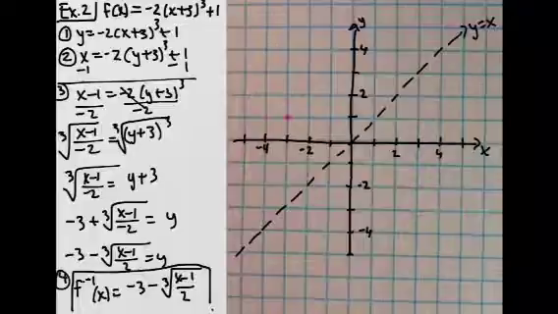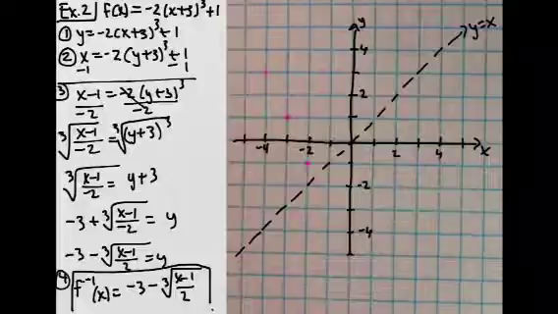The negative reflected it over the x-axis, and the 2 made it a vertical stretch by a factor of 2. So you end up with a point here and a point here. Okay, and I used exactly what I showed you in class on Monday, when we went over the quiz, how we transformed the points.